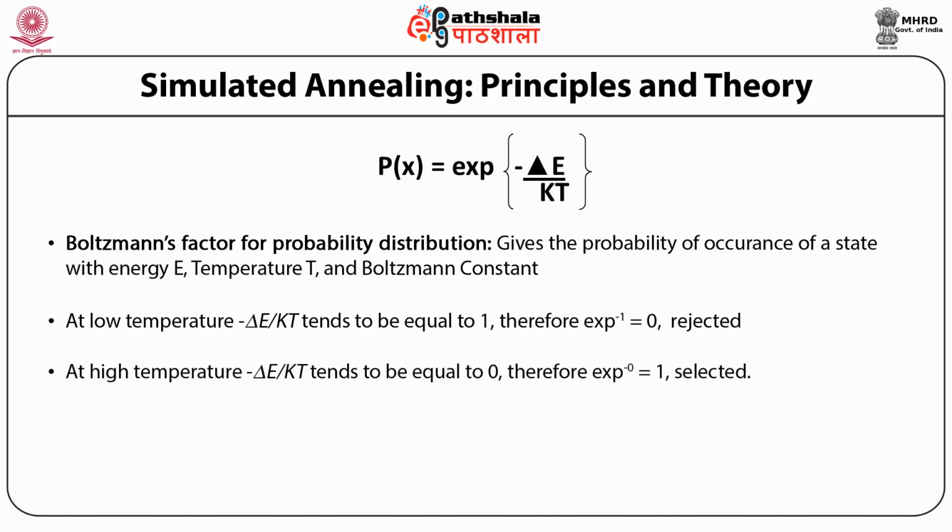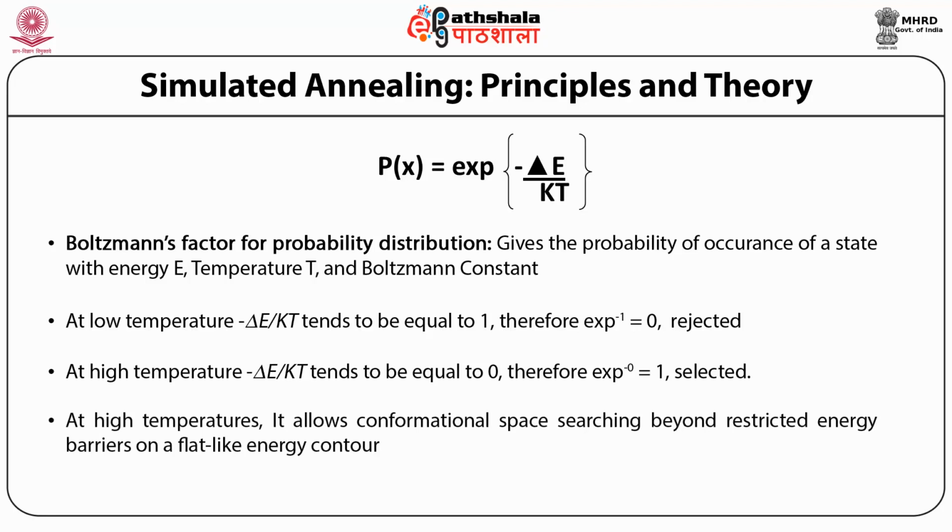At a higher temperature, it becomes equal to 1 and hence the move is selected. So, in actuality, it is like moving all around the energy surface as if the energy surface is squeezed to a flat contour. This allows larger steps that consequently search faster in the conformational space, and thereby at high temperature the energy barrier problem is overcome.